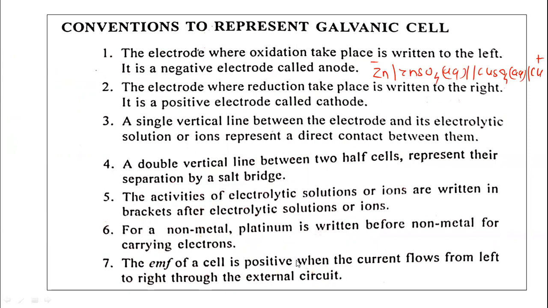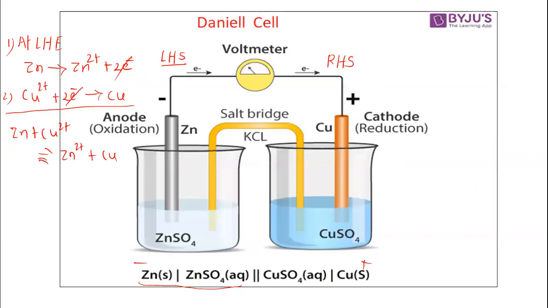A double vertical line between the two half cells represents their separation by a salt bridge. Salt bridge is a very important device. In a galvanic cell, without a salt bridge, we cannot construct a chemical cell, electrochemical cell, or galvanic cell.